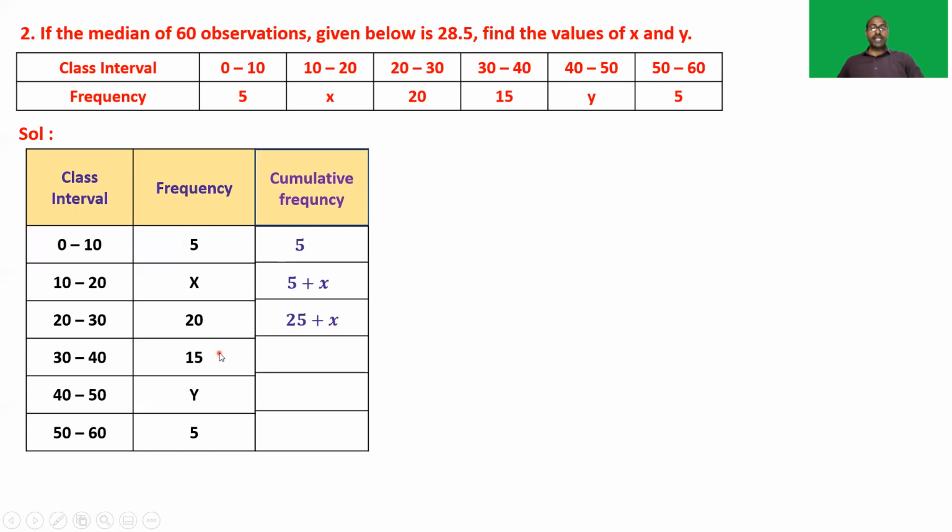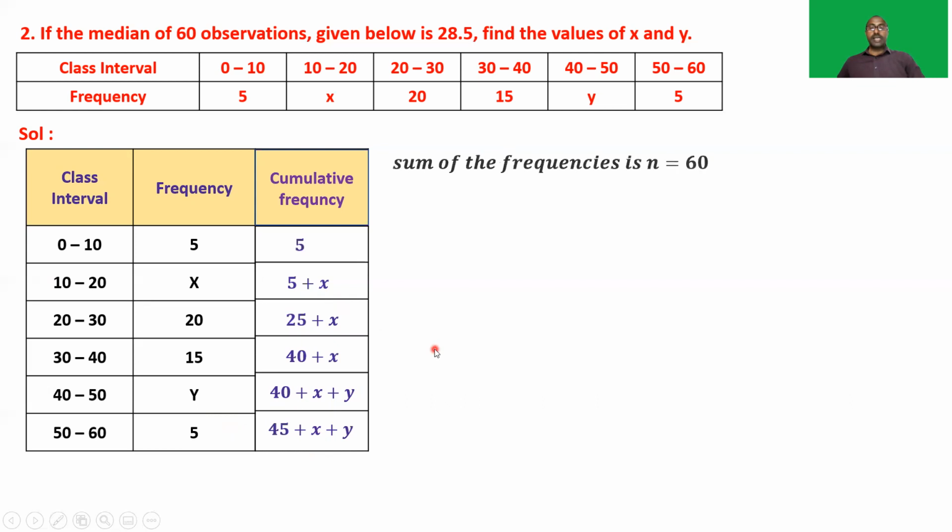Then 25 plus x plus 15 is 40 plus x. In this row, 40 plus x plus y. And in the last row, 40 plus x plus y plus 5, which is 45 plus x plus y. Here we don't know the values of x and y; we just have to find these values.